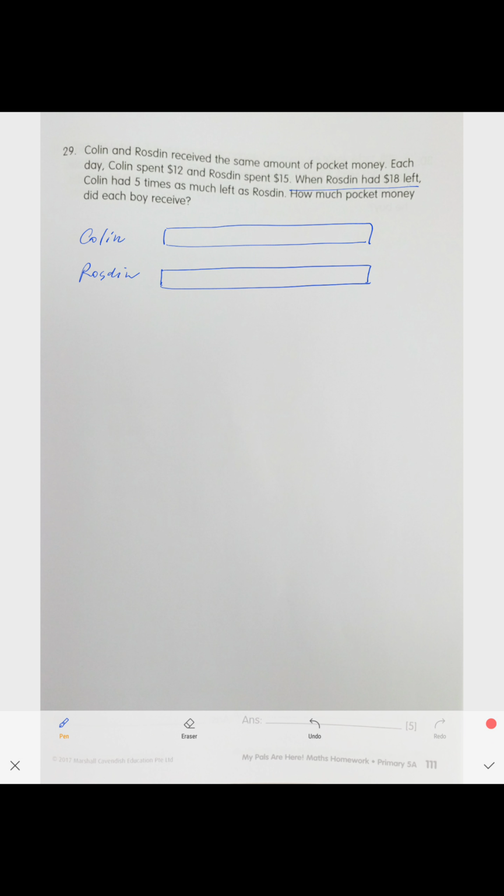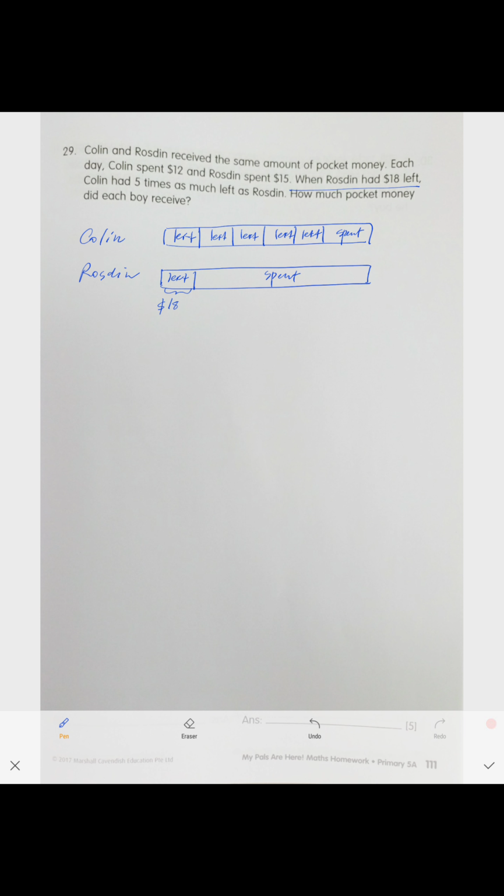When Rustin had this $18 left, Colin had 5 times as much. 1, 2, 3, 4, 5 pieces left. And then we can see that this money is spent and this money is spent.